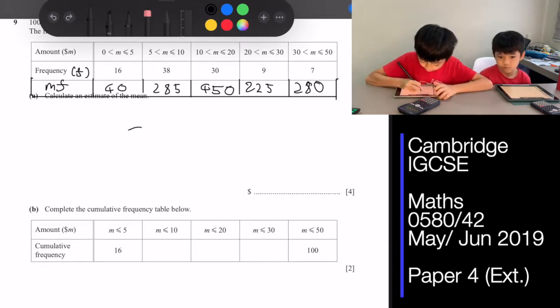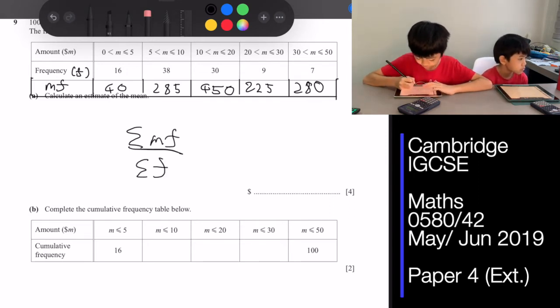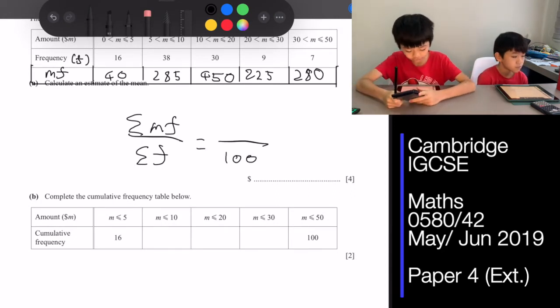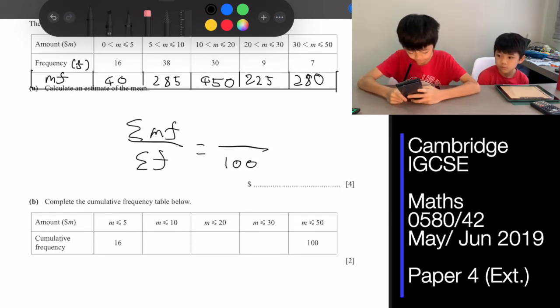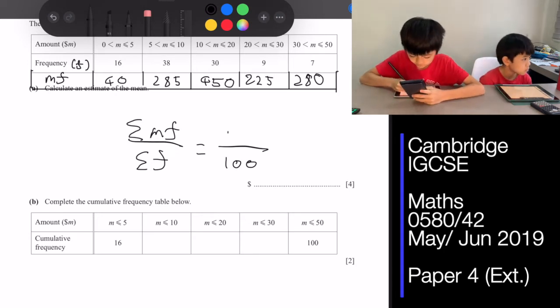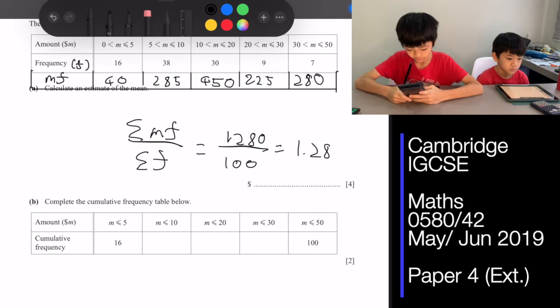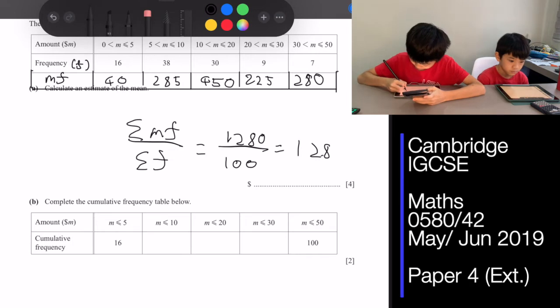Now we need to take sigma MF over sigma F, which is 100. Sigma MF is 40 plus 285 plus 450 plus 225 plus 280, which is 1280. So 1280 over 100 is 12.8, rounded to one decimal place. So the answer is $12.8.